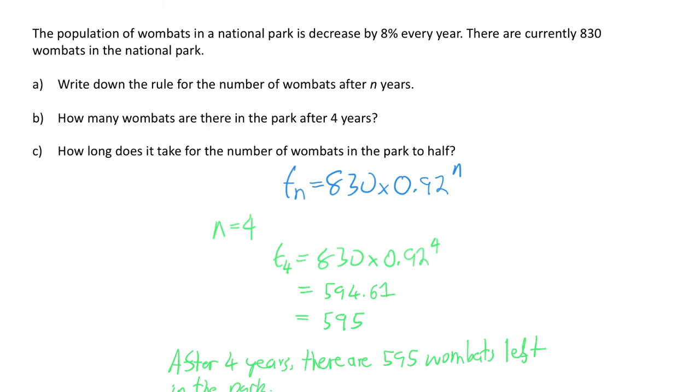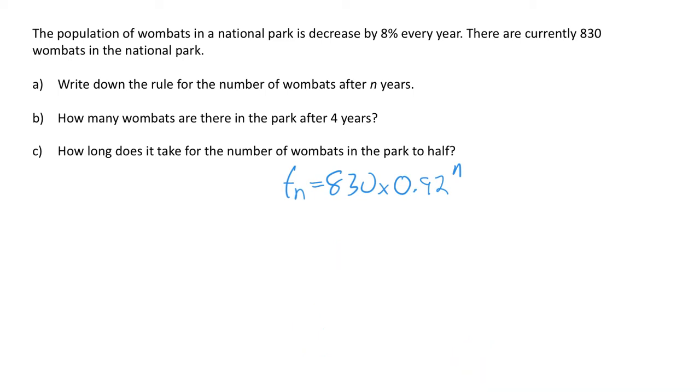So now that we've answered B, we can move on and have a look at part C. So in part C, it wants us to calculate how long it would take for the numbers to halve. So we're going to answer that by substituting in half of 830 as our value of our term. So to calculate that, our Tn value is going to be 830 divided by 2, which equals 415.